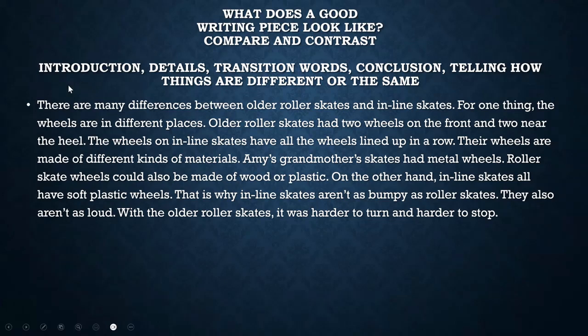But let me give you an example of how they used compare and contrast to tell how the skates in two different stories were different. This was a story about the history of roller skates and a story about someone's grandmother's roller skates. All right, so you can see here they have an introduction, details, transition words, conclusion, and they tell how things are different and the same.